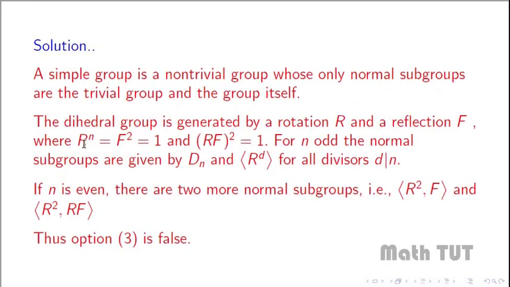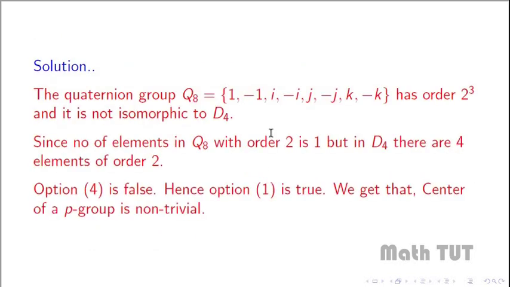You can see there is a rotation, there is a reflection. Rotation is of order n, reflection is of order 2, and when I operate RF and again operate RF, that is I take RF squared, I will get 1. If I could get such two elements, it will generate a Dn. So in this case I took something similar.